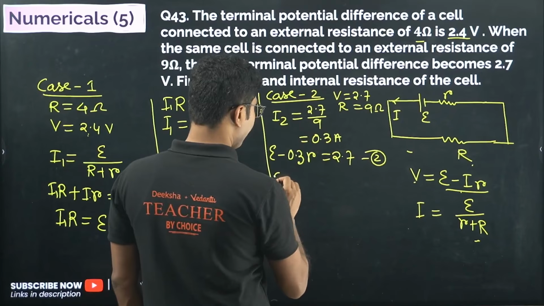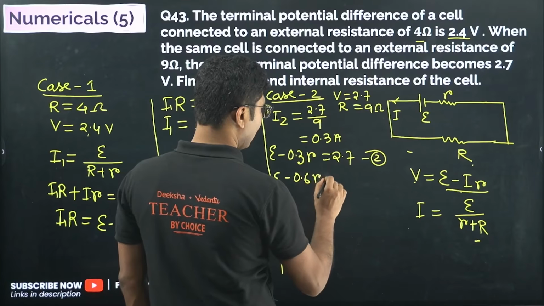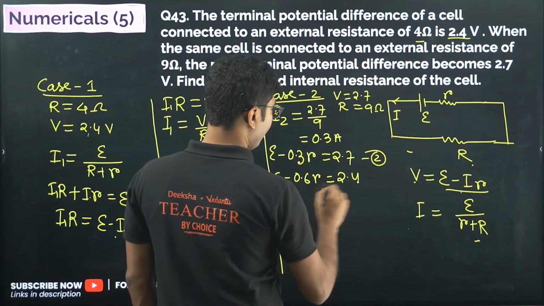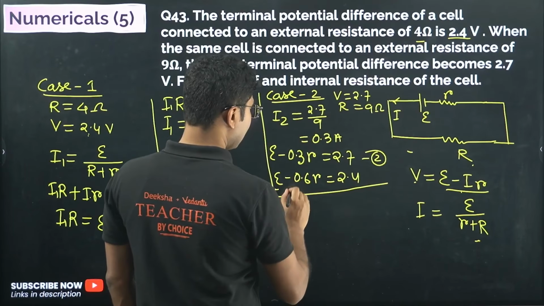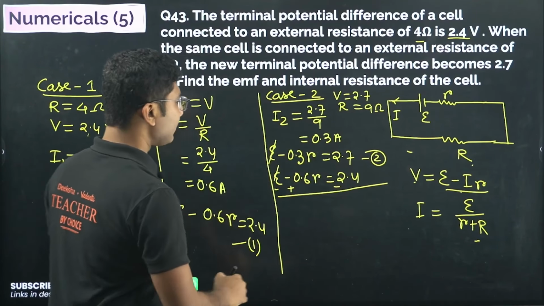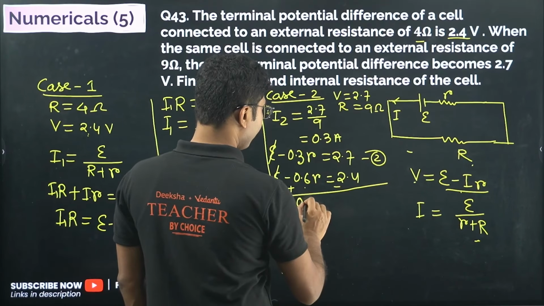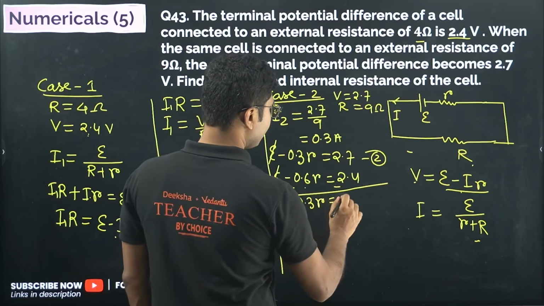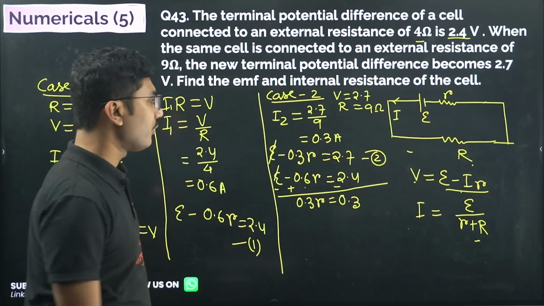Let me write equation number 1 below this: epsilon minus 0.6 r equals 2.4. Let me subtract them. Epsilon cancels, we get 0.6 minus 0.3, that is 0.3 r equals 0.3, since 2.7 minus 2.4 is 0.3.